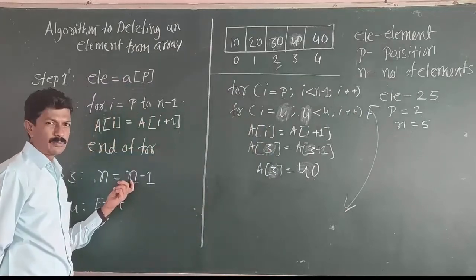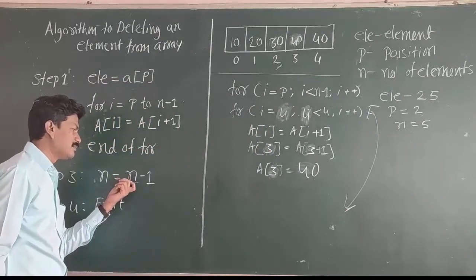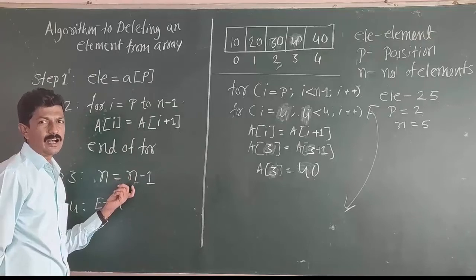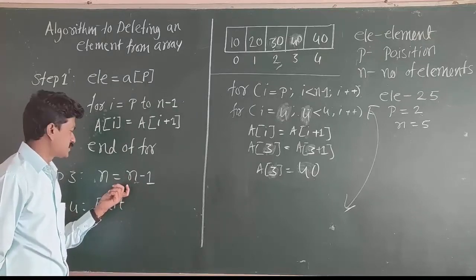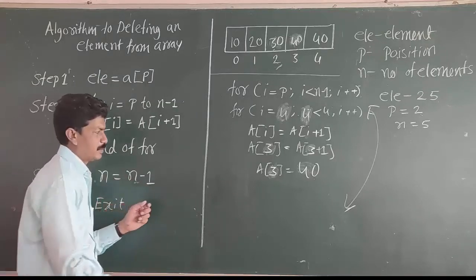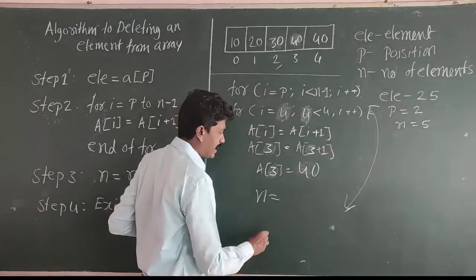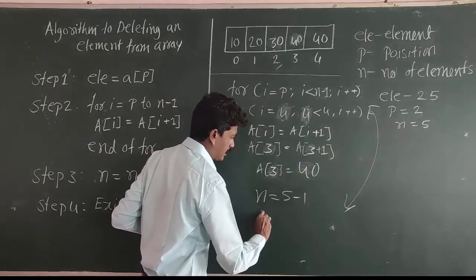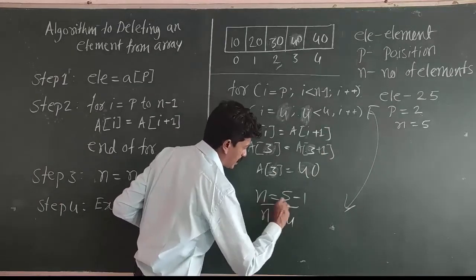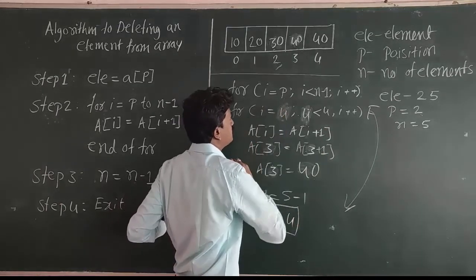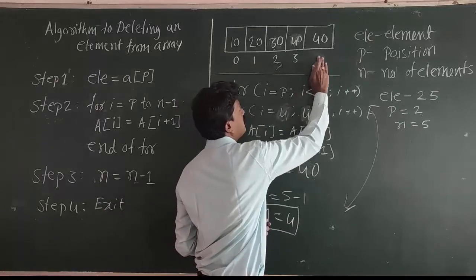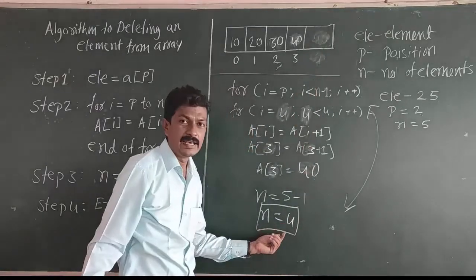While coming out of the loop, it decreases the array size, that is n equal to n minus 1. Initially the n value is 5, and 5 minus 1 gives n equal to 4. This means only 4 elements exist in the given array.